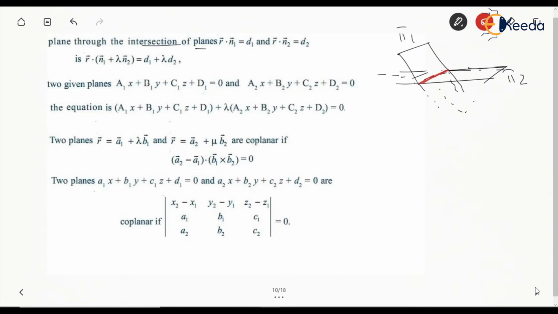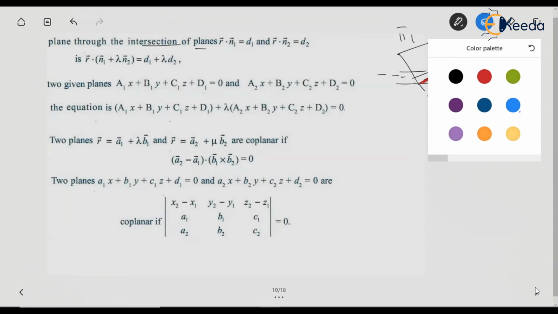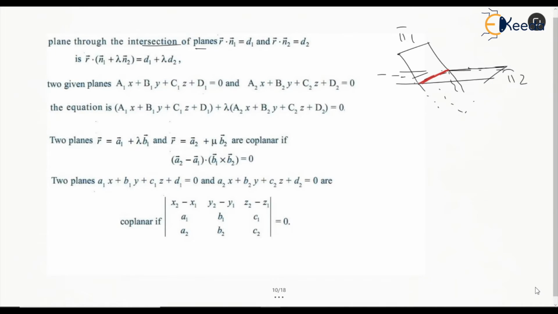There are 2 planes and they are intersecting. And now what we need is a plane which passes through this intersection. This third plane, the plane we are looking for, is passing through the intersection of these 2 planes.